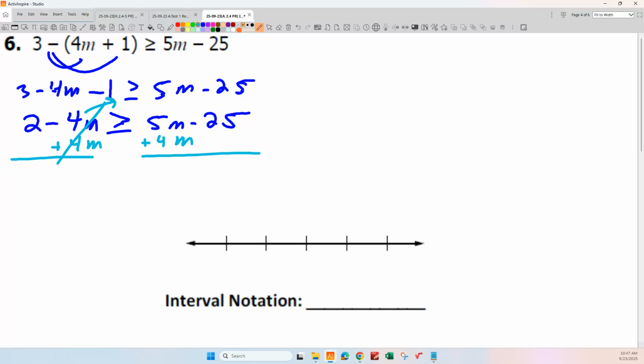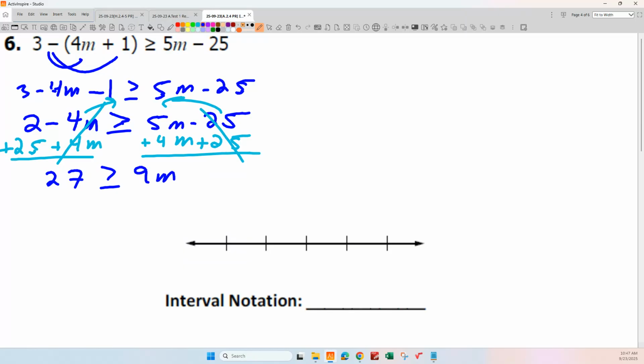I'm moving the variables to the right, so I want to push the numbers the other way, don't I? Those are going to go over there, which I would do by adding 25 to both sides, which is going to give me 27 and 9m.